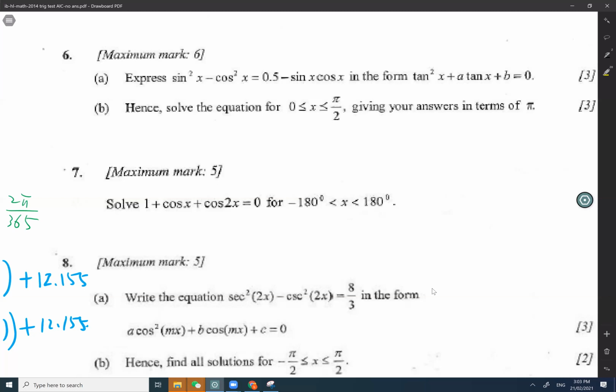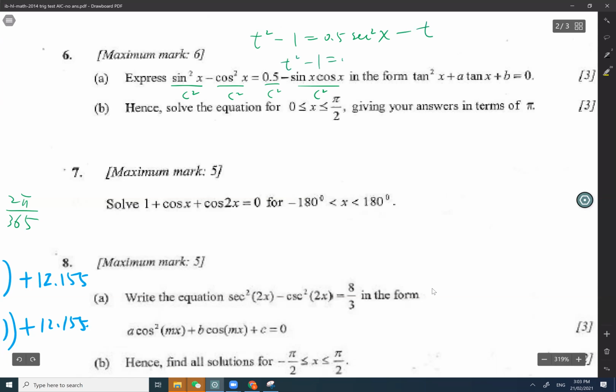How we got tan? Sine over cos gives you tan. Divided by c squared. So we have t squared minus 1 equals 0.5. 1 over c squared, it's secant square. Secant square equals t squared plus 1. So all times by 2.